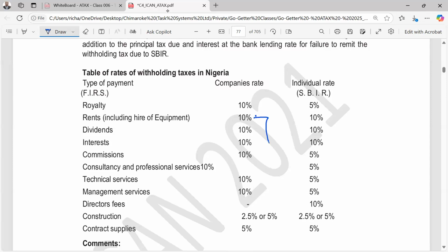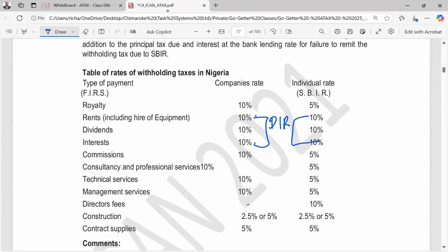So these are the DIROs: dividends, interest, and rent. Whether you are a company or an individual, it's 10%.